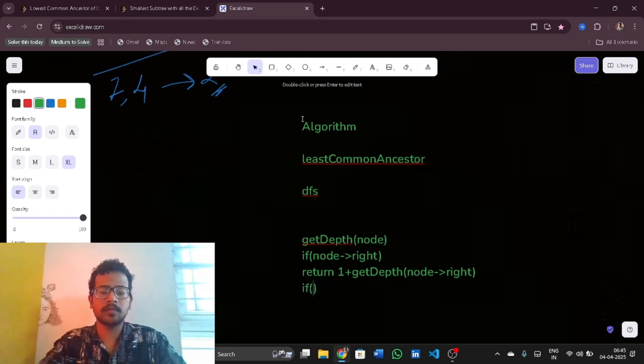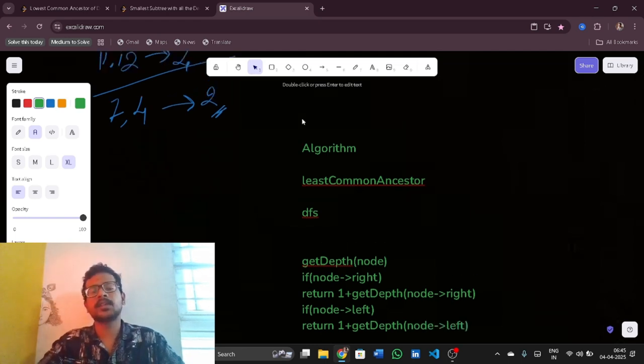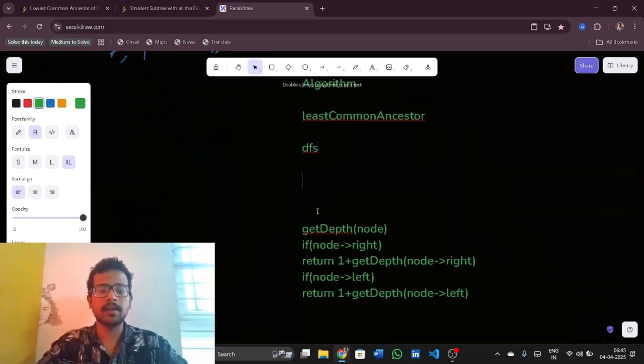Now, if node left is also there, then I will return 1 plus get depth of node left. So I will do a simple DFS here.